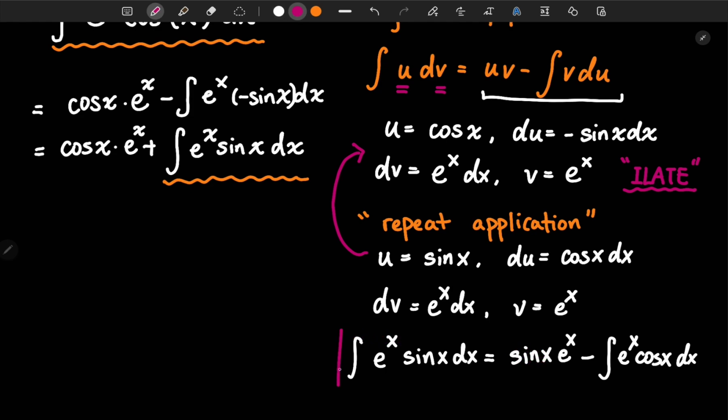Okay, so now let's plug this part of the expression into our original equation and see what we will get.